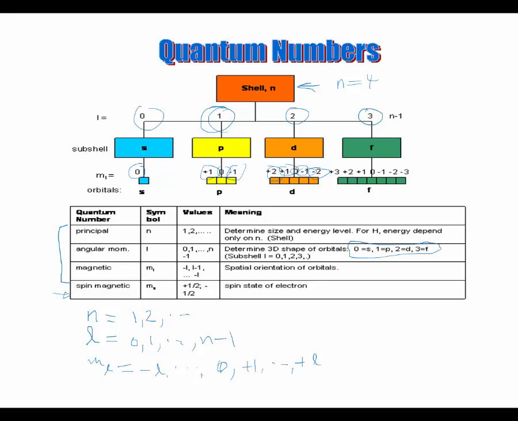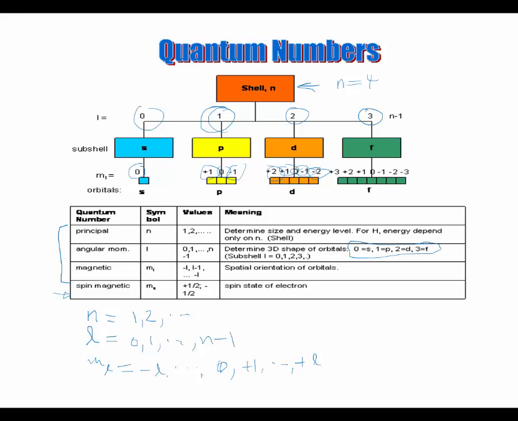So each box sort of represents a place in space where you would find the electron. Now this isn't what the actual shape looks like. This isn't the region of space. It's just kind of a placeholder. So each one of these three boxes right here, they are different orbitals that are now in the p subshell. All right, so we have our shell, the n equals 4 shell.